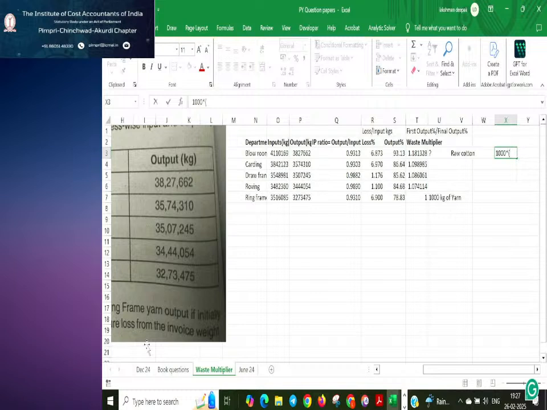Why is it so? 0.997, because that is a 0.3 percentage loss. I should take 1000 into the waste multiplier also.